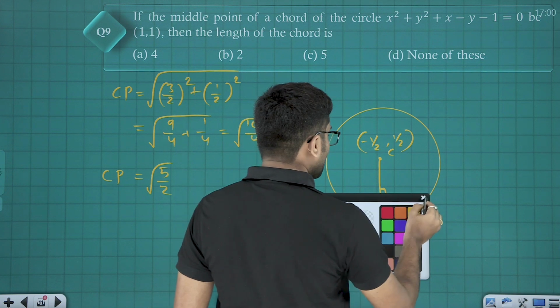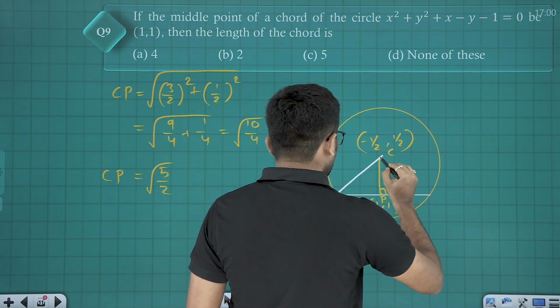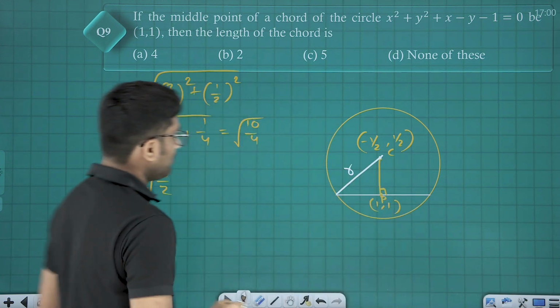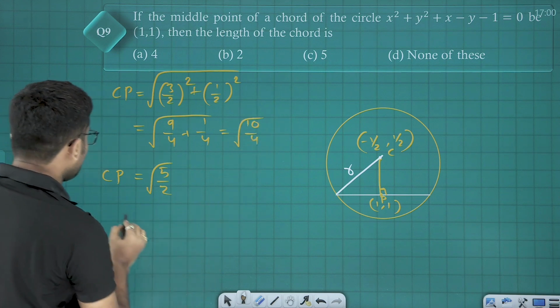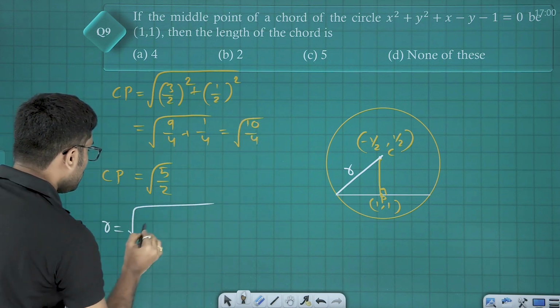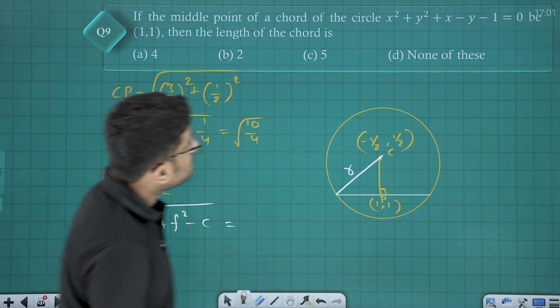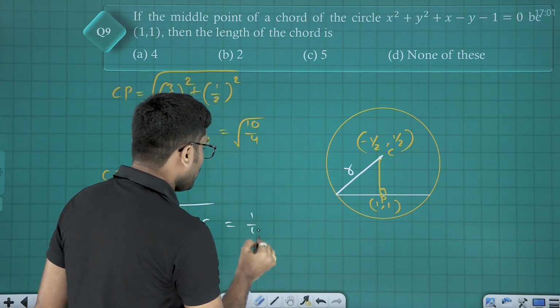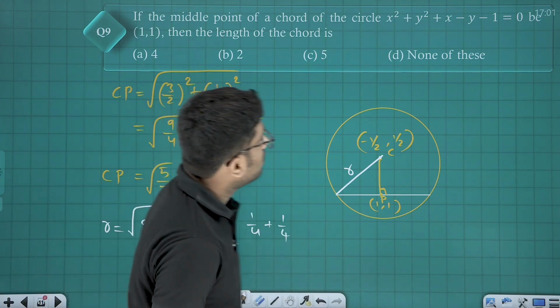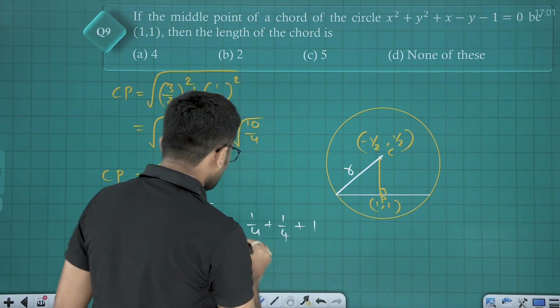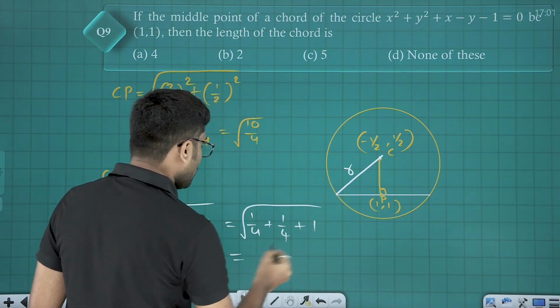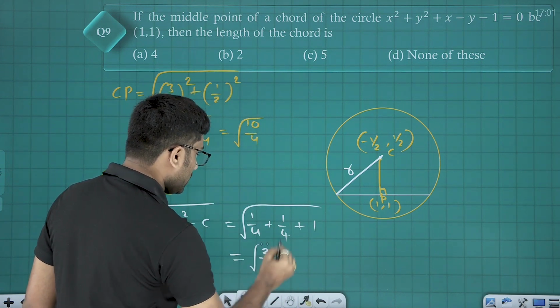Let's find the radius of the circle. The radius R is root over g square plus f square minus c. g square is 1 by 4 plus 1 by 4 minus c, that is minus of minus 1, plus 1. So 1 plus 1 by 2, which is root 3 by 2.